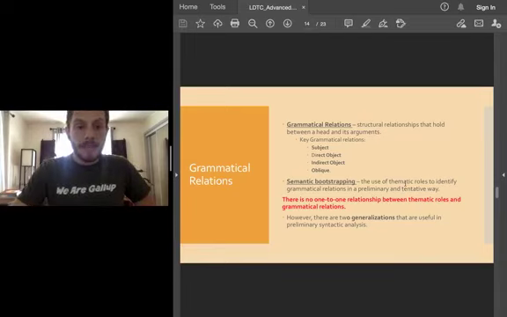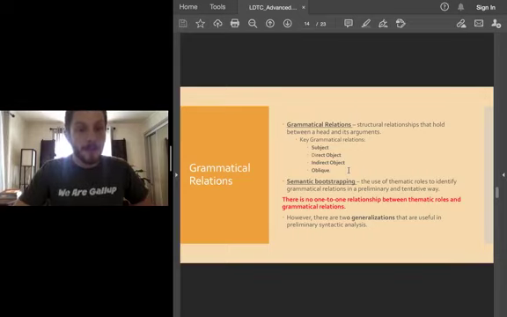We can begin to identify grammatical relations using a process called semantic bootstrapping, which is simply the use of thematic roles to identify grammatical relations in a preliminary and tentative way. I really want to emphasize preliminary and tentative here because there is no one-to-one relationship between thematic roles and grammatical relations.